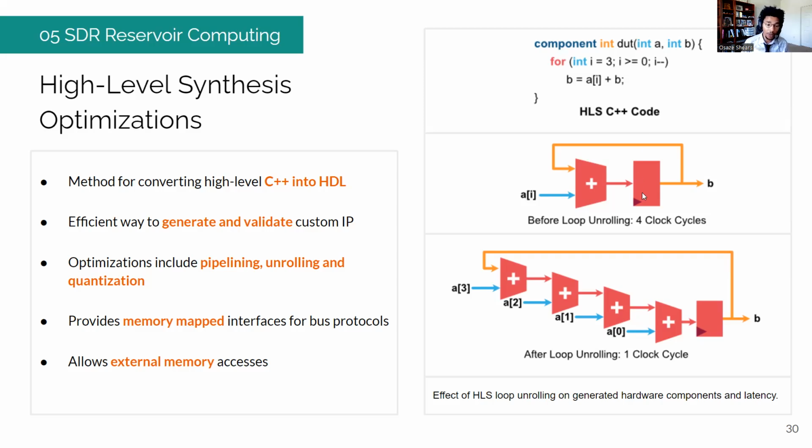But if you used an unroll directive in high-level synthesis, you could improve the latency of this hardware by reducing the computation time from 4 clock cycles to 1 clock cycle. And by taking advantage of this parallelism, you are able to do this much faster, but at the expense of using a lot more hardware resources.